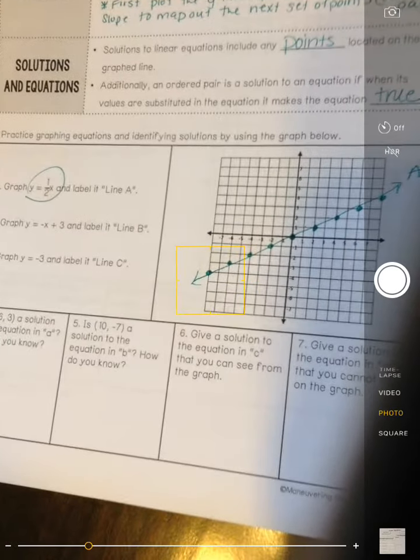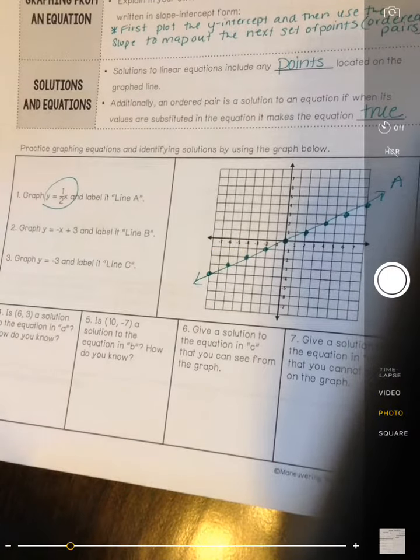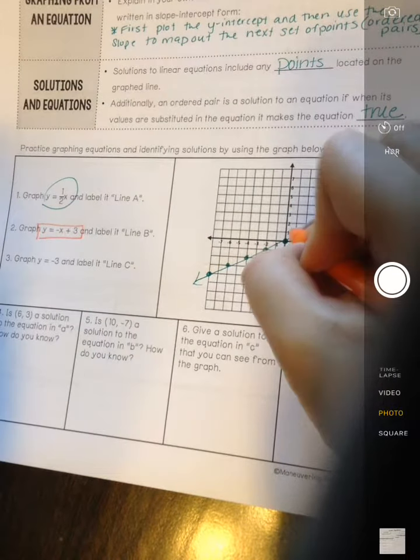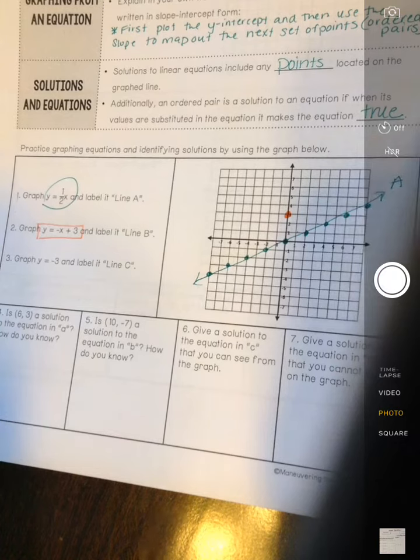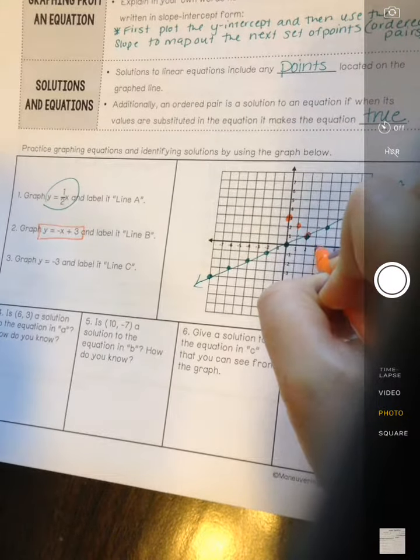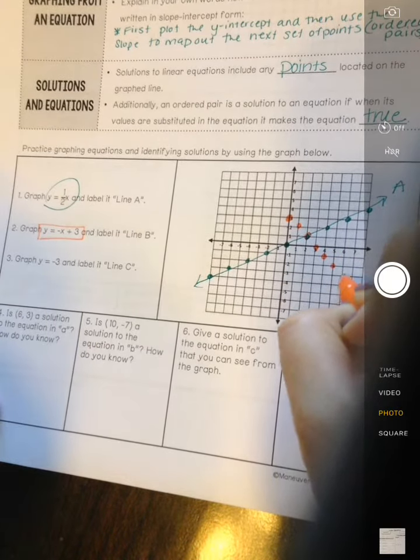There we go. Okay. Next equation, y equals negative x plus 3. So put plus 3 on the y-intercept. Slope is down 1, right 1, down 1, right 1, all the way till you fill in the graph on both sides.